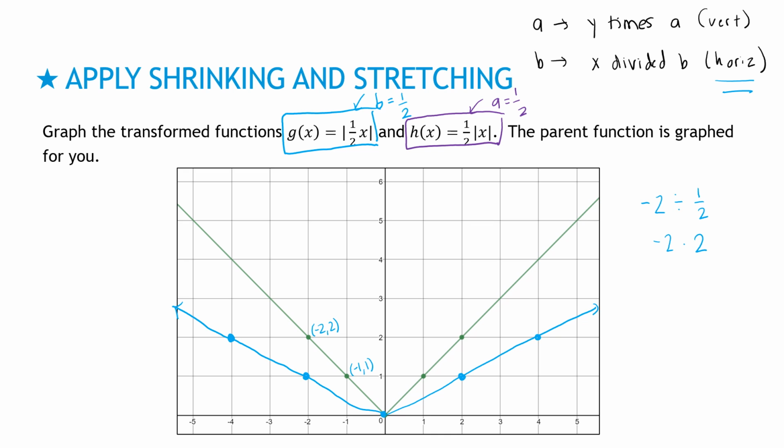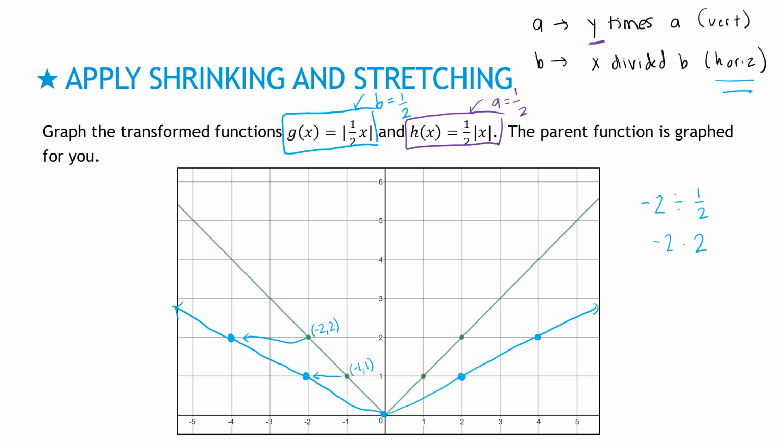Now for my second one, this point became this point. This point became this point. We get the idea. For my other function, I'm only going to be adjusting the y value, and I'm going to take y times a, so times 1/2.